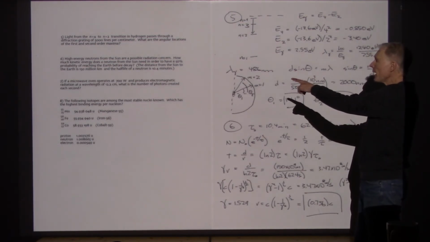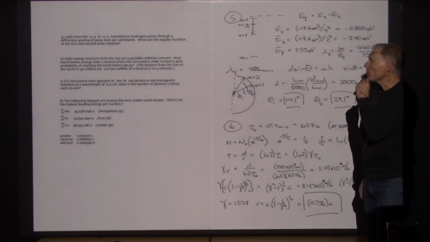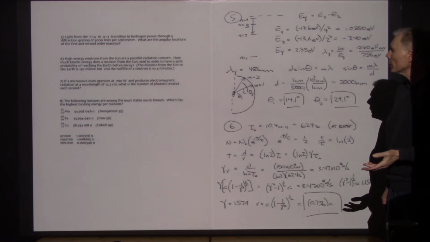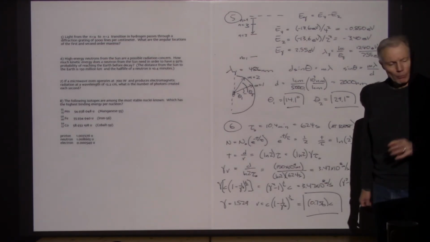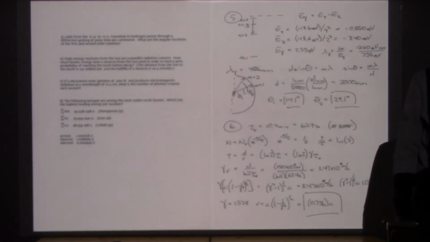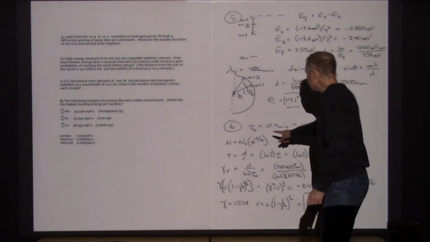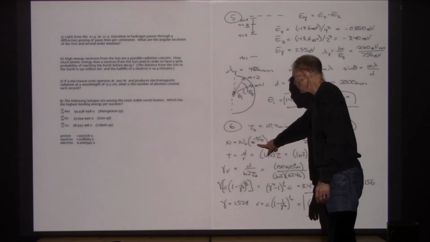Now the problem asks about the probability that half of these would reach the Earth. How fast would a neutron need to be traveling in order to have a 50% chance of reaching the Earth? Well, we can set this factor equal to 1/2.